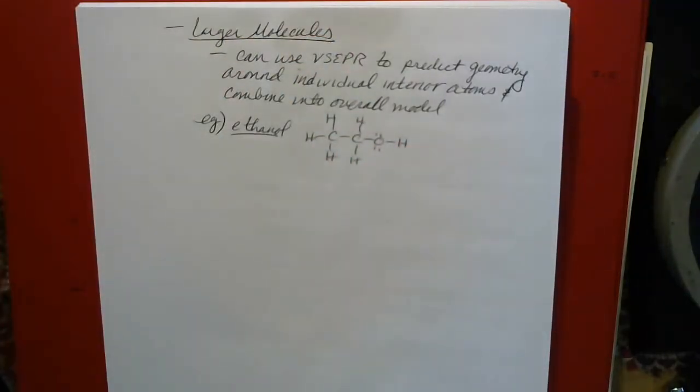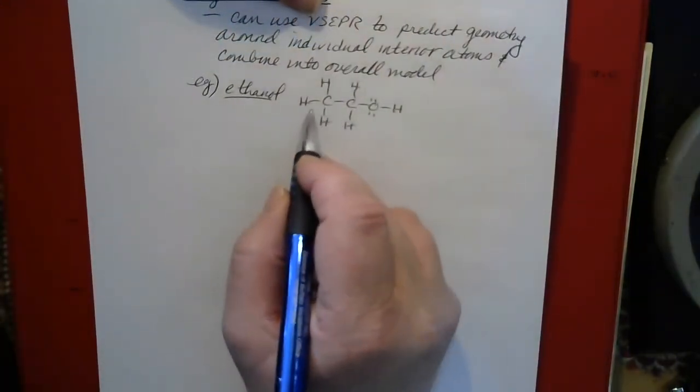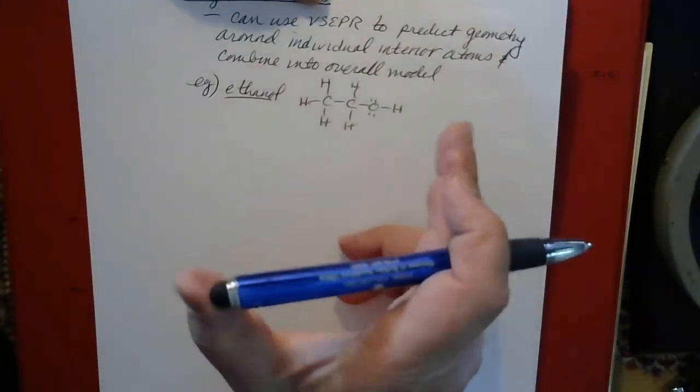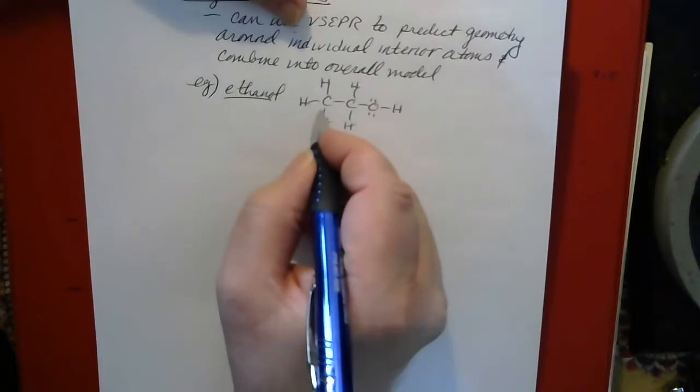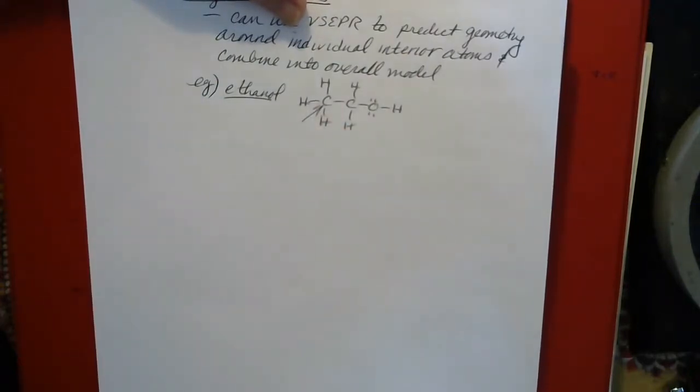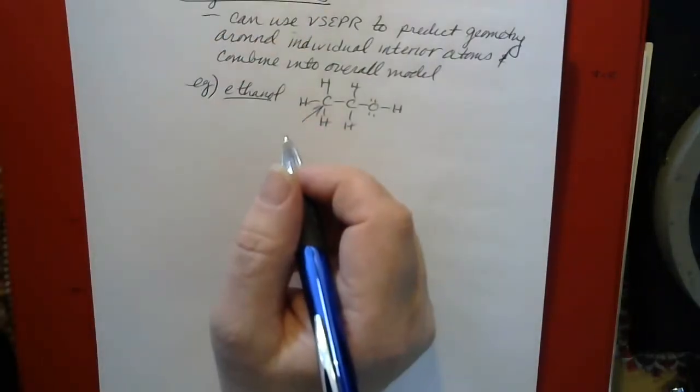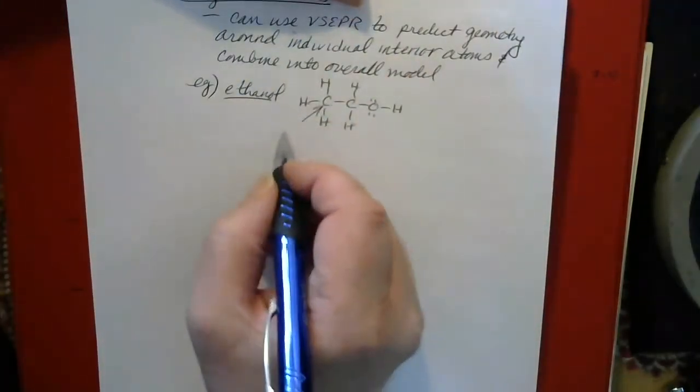Ethanol has a Lewis structure that would look like this. And you can actually just look at the individual cases here. The interior atoms, we don't care about the exterior terminal atoms, so we don't care about the hydrogens here, but looking at the interior atoms, we've got the carbon there.